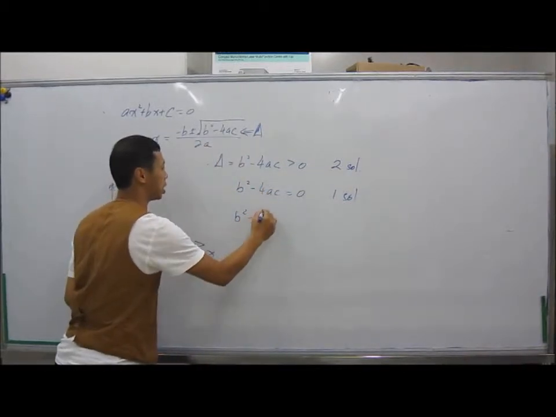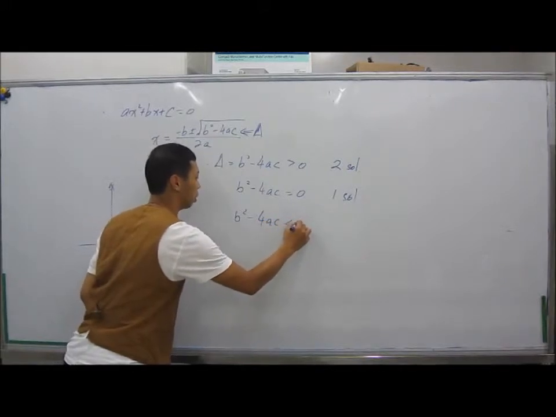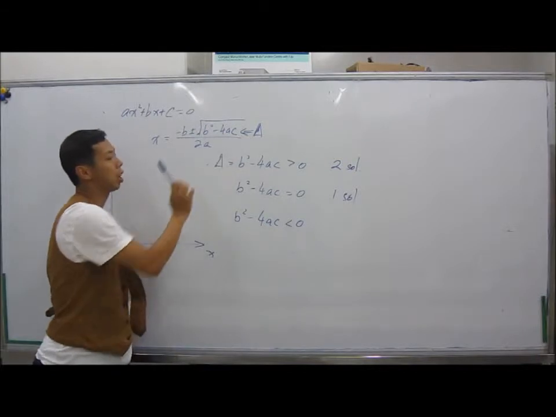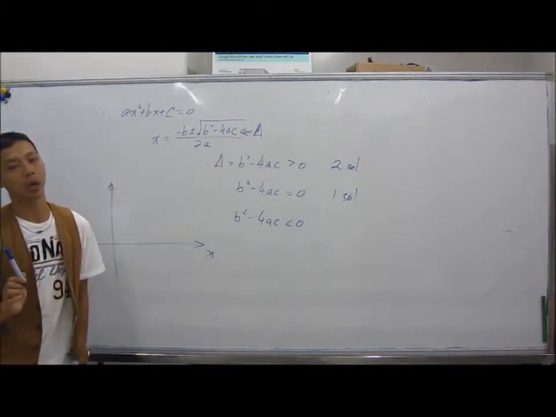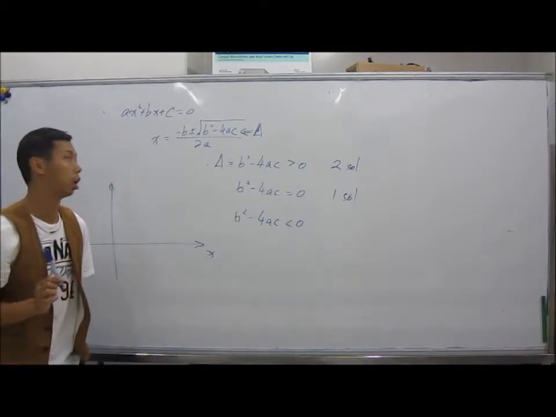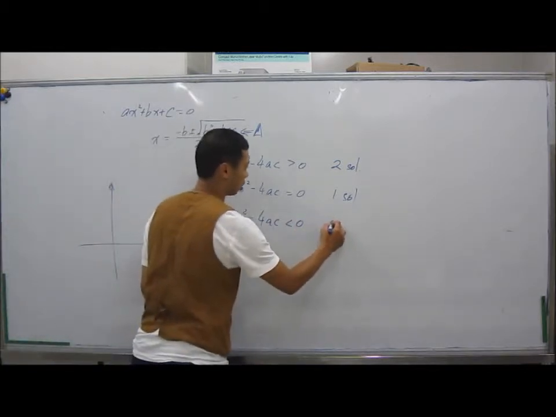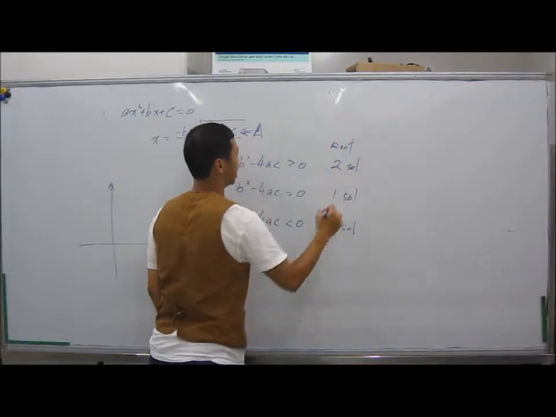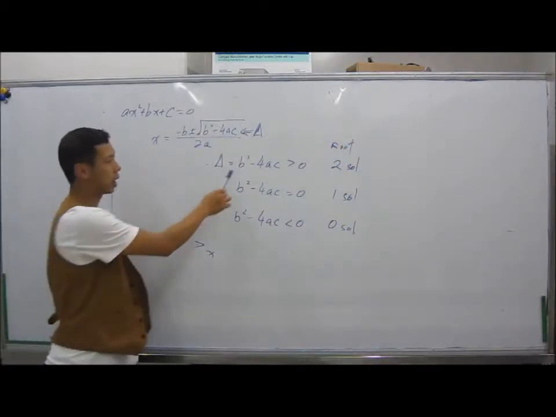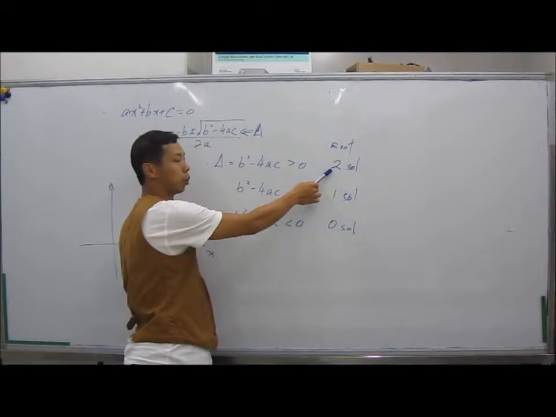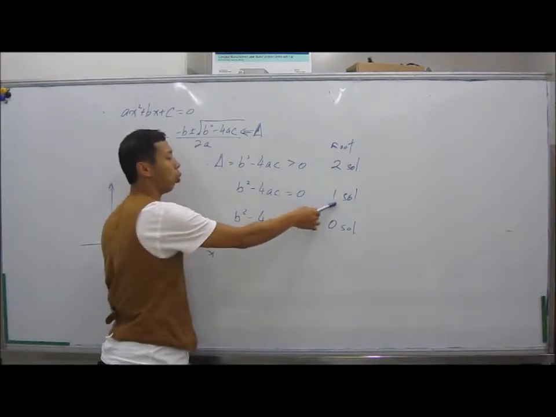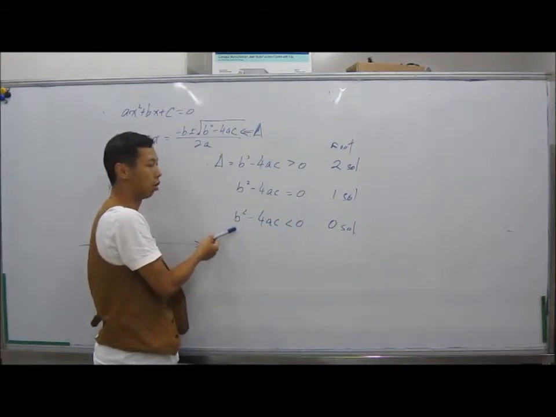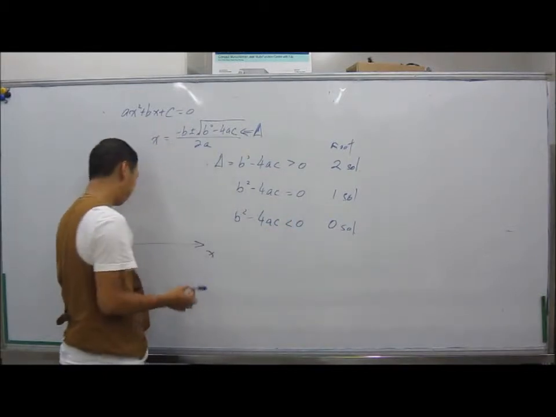Here, the radical has a negative number inside, so we cannot solve it. There is no solution. So the number of roots is this: greater than 0, two roots; equal to 0, one root, or we say equal roots; and smaller than 0, no roots.